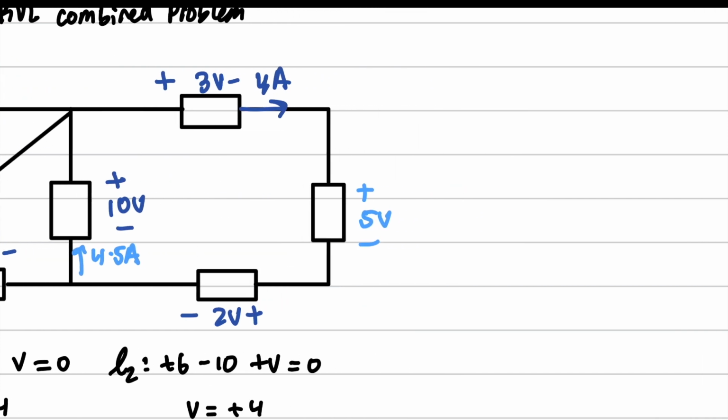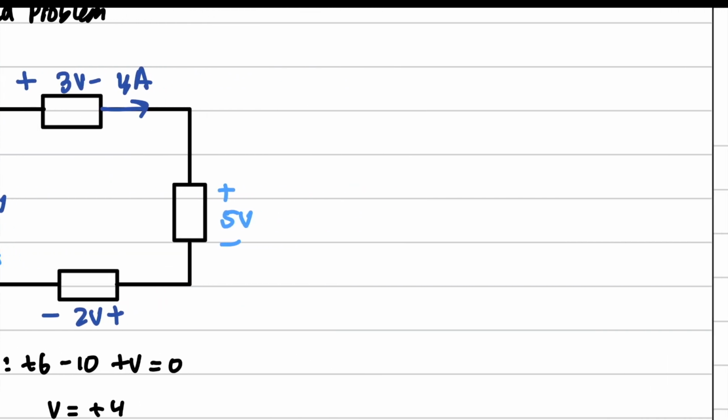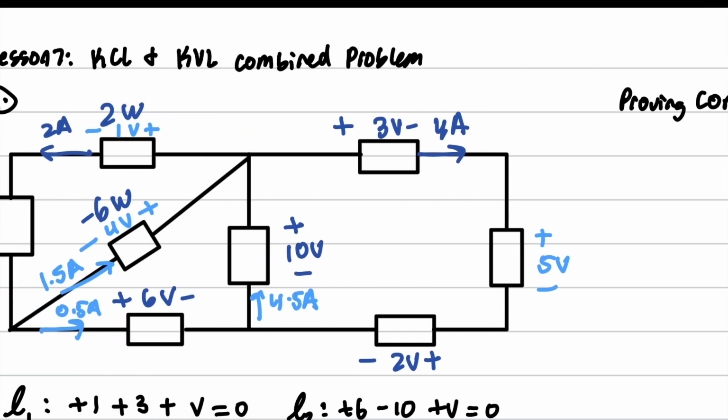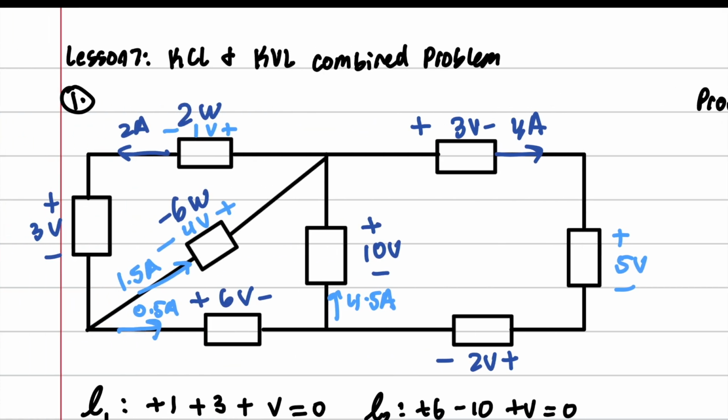So the second part of this problem is proving conservation of power. So to make this simple, let's call this component 1, 2, 3, 4, 5, 6, 7, and 8. Okay?